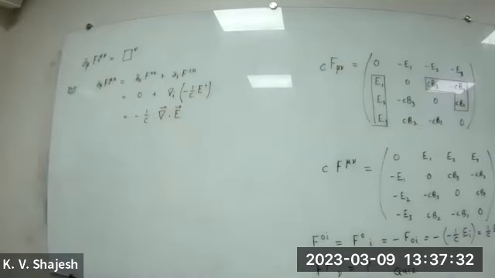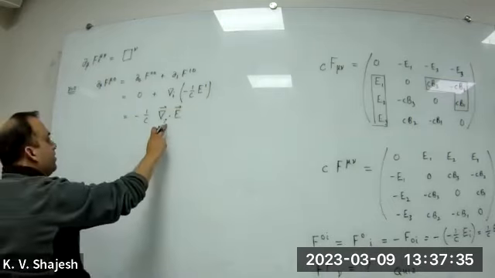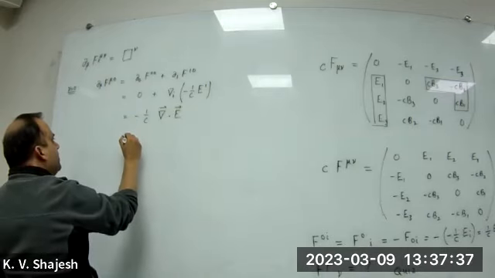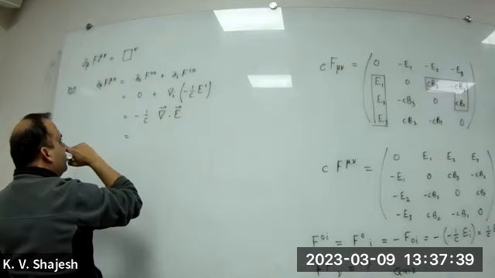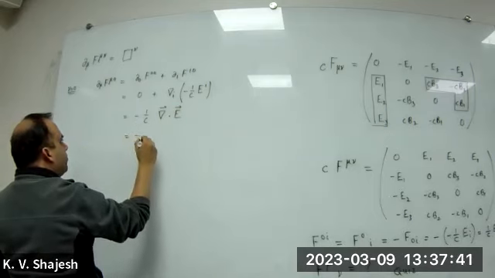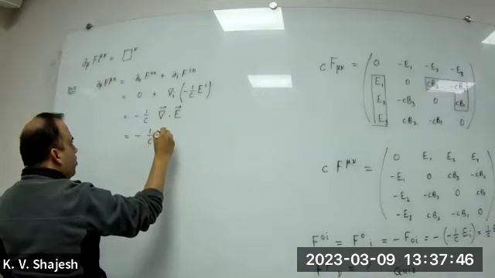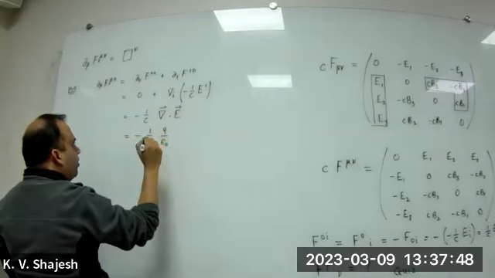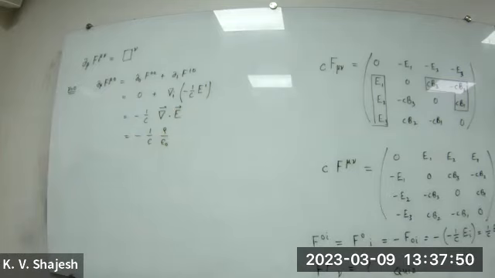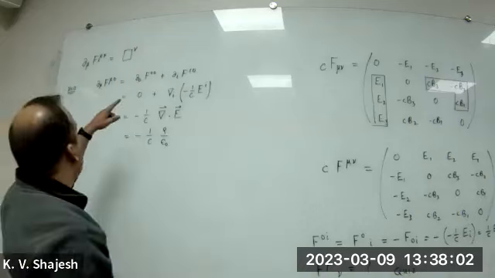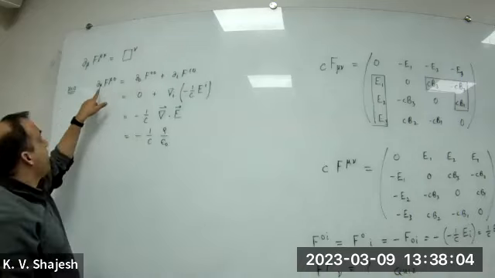Use the Maxwell's equation: del dotted with E is equal to 1 over epsilon naught rho. How is the expansion? The first expansion? Yes, this is a summation index.